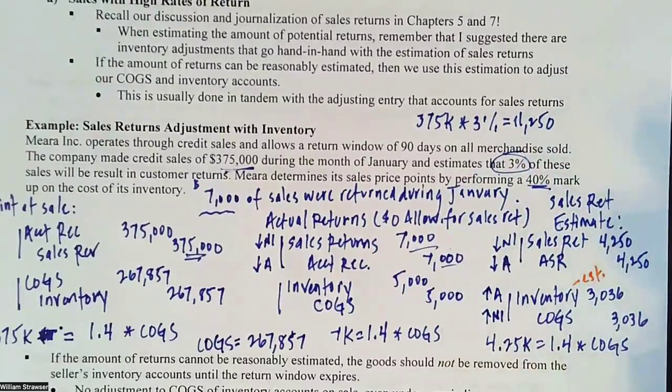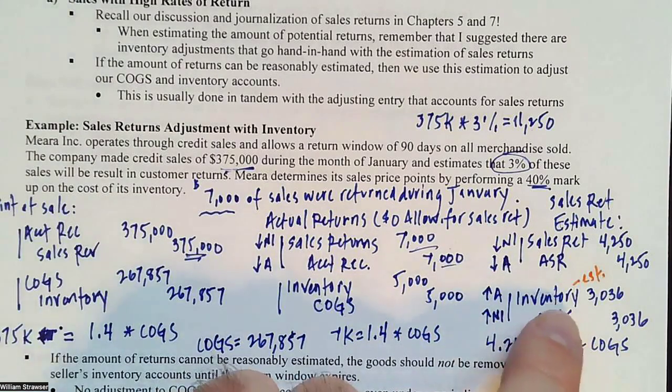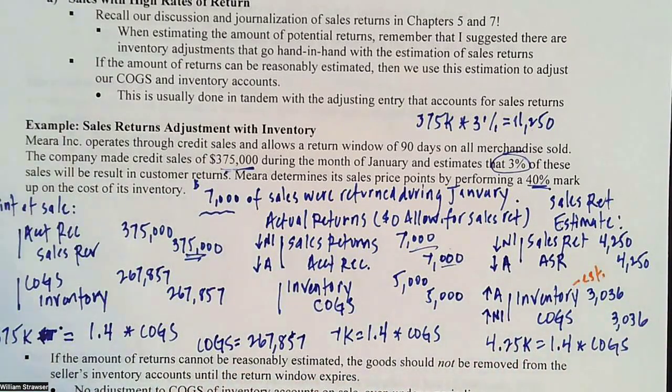The inventory asset, again, is somewhat offset by this ASR, but some companies will keep it in a separate account, like they'll have their inventory account and then they'll have an estimated inventory. And then when the returns actually come in, it just becomes a credit to the inventory estimate and a debit to the inventory in the next period.